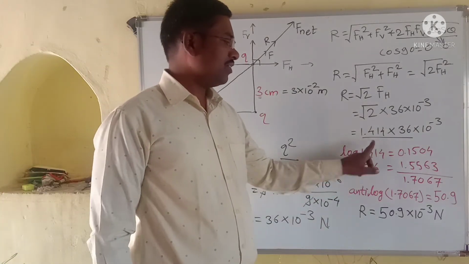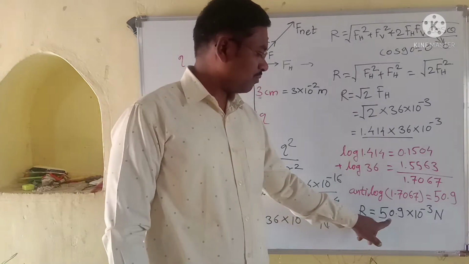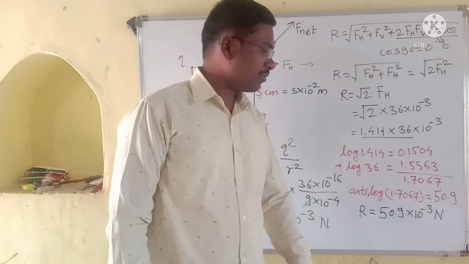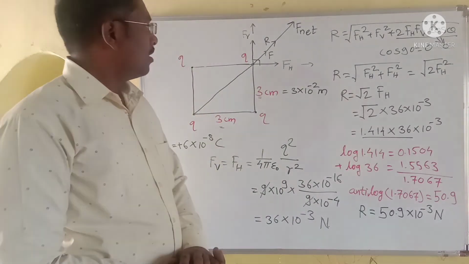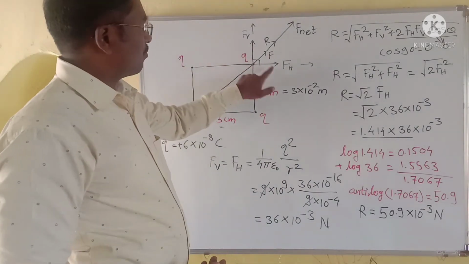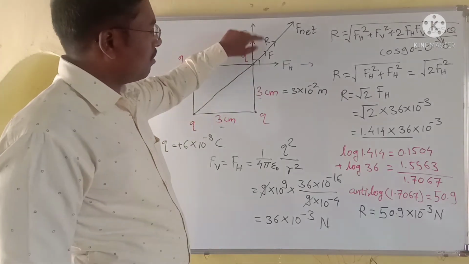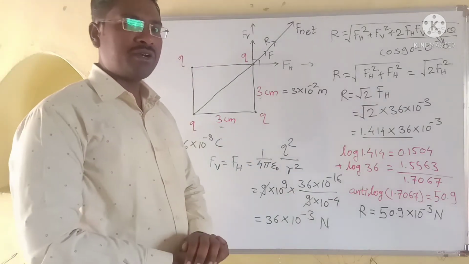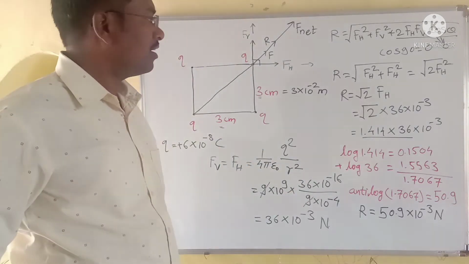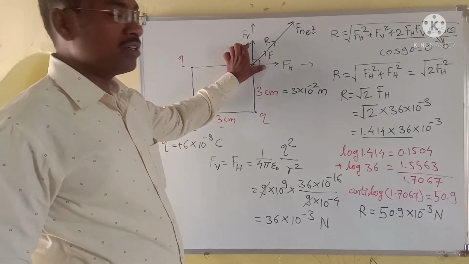This calculation is done with the help of log table, and it comes out to be 50.9 into 10 raised to minus 3 Newton. So the resultant force is equal to 50.9 into 10 raised to minus 3 Newton. Here we get the resultant of these two forces.